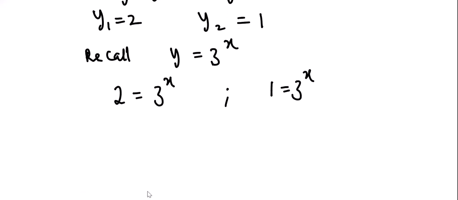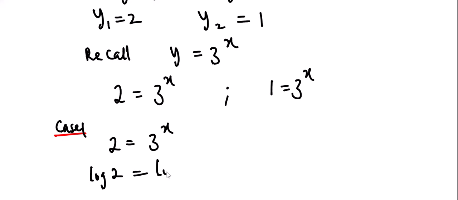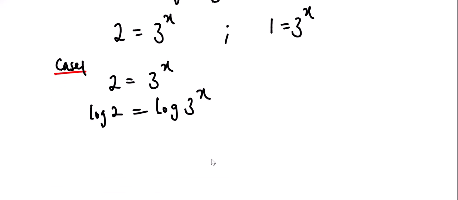Now let's solve this. For case 1, we have 2 equals 3 to the power of x. To get the value of x, we can apply log to both sides. Solving this further, I have log 2 equals x log 3.